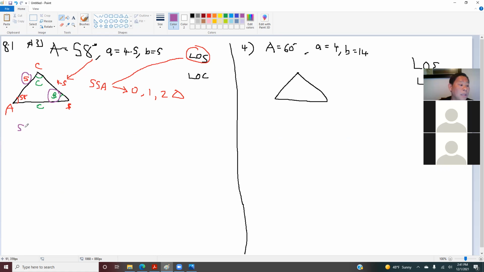So what is the formula for the law of sine? It is sine B over B, so the 5, the side, over by sine. The only thing that we know is your A. So A is 58 degrees over by 4.5.